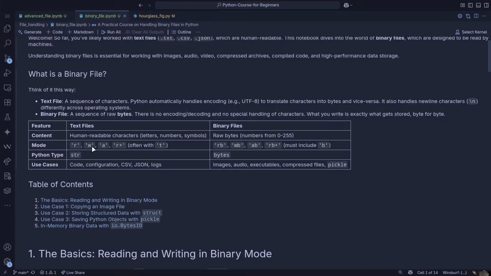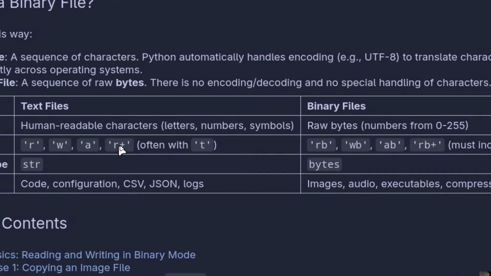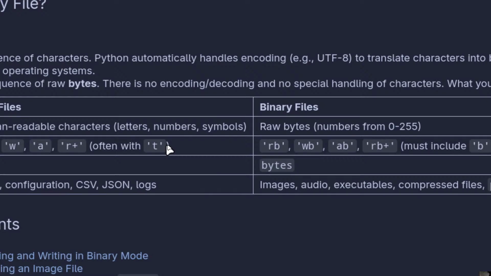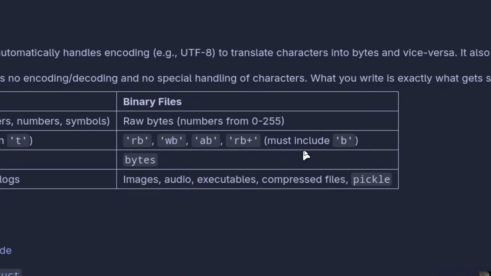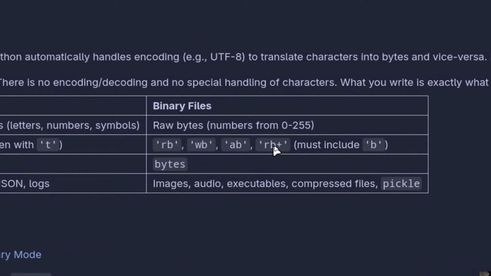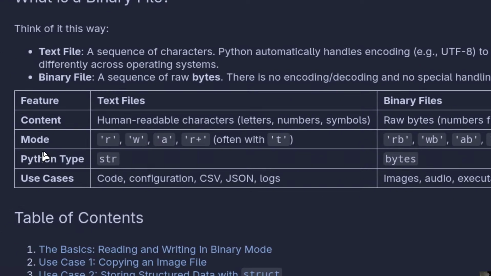R means read, W means write, A means append, R plus means an advanced writing mode. For binary, you just add a B after these modes.